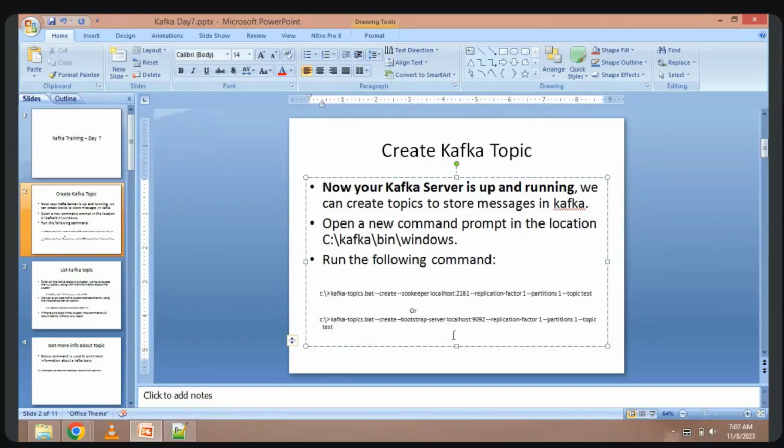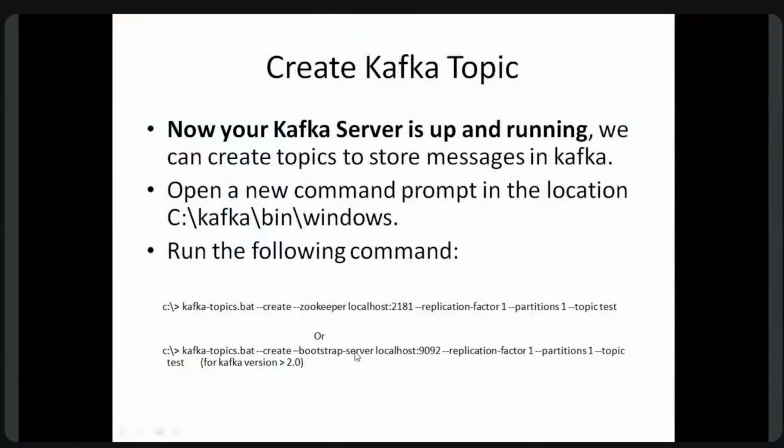This is for Kafka version greater than 2.0, because after 2.0 they introduced this new option, Bootstrap server. So the above command might not work. For my machine it is working, but for your machine it may not work, so you have to give Bootstrap server. Clear?